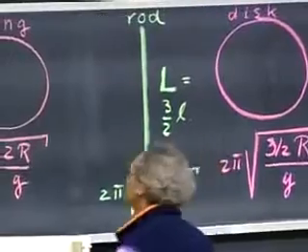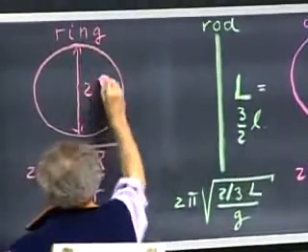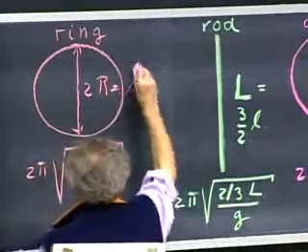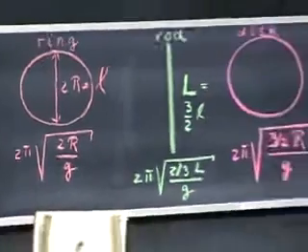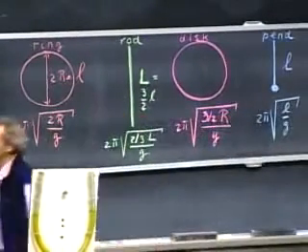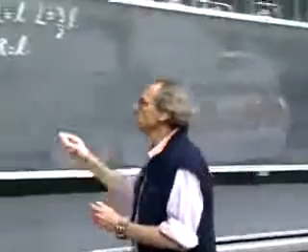And here, this now, which is 2R, has to be l. Very non-intuitive that this length here is the same as the diameter of the ring. Not at all obvious. And so now we go for the disk.